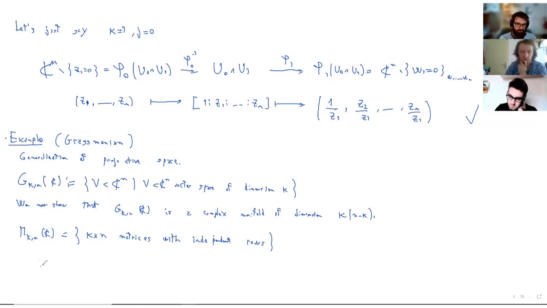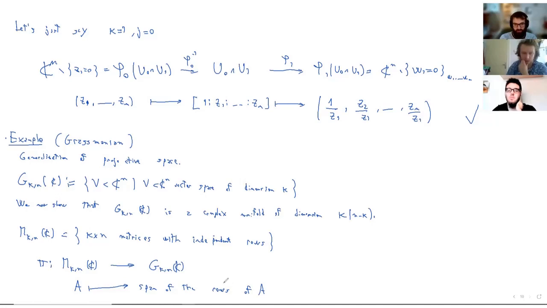Let's consider this map, which goes from M(k,n)(C) to G(k,n)(C), which takes a matrix A and sends it to the span of the rows of A. You have k rows of length n, so these are vectors in Cn, and they're independent, so they span a space of dimension k, so an element of the Grassmannian.